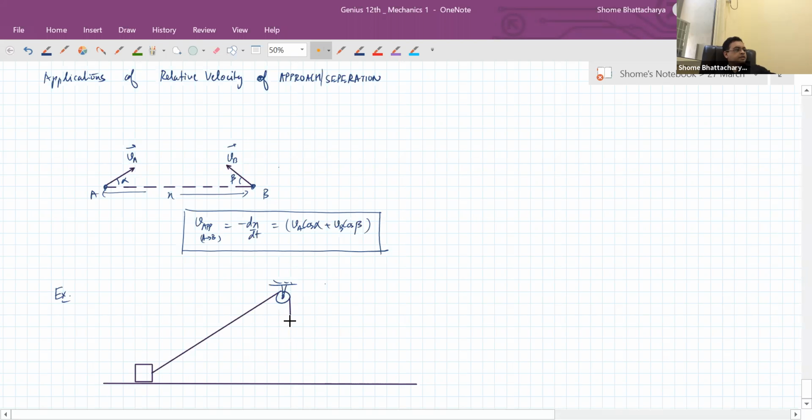Now at some point of time, let's say these two objects A and B are in motion such that these all things are given to us.